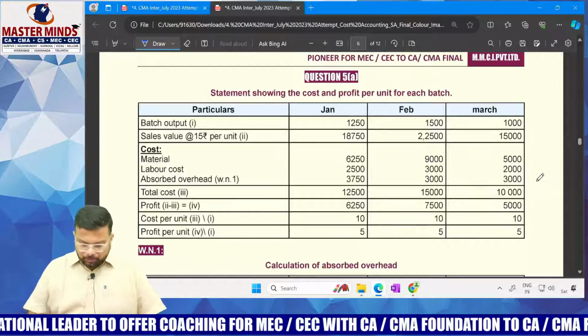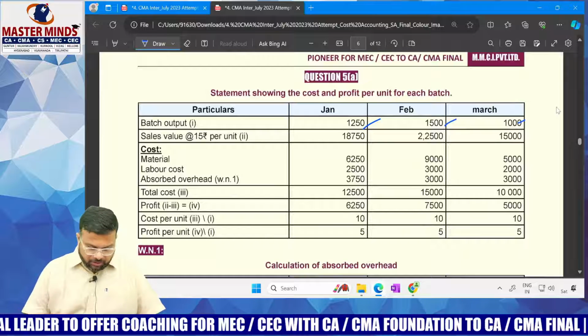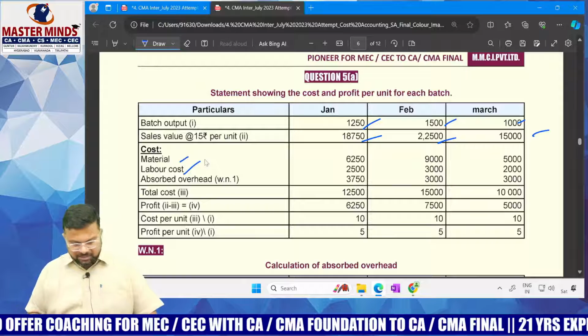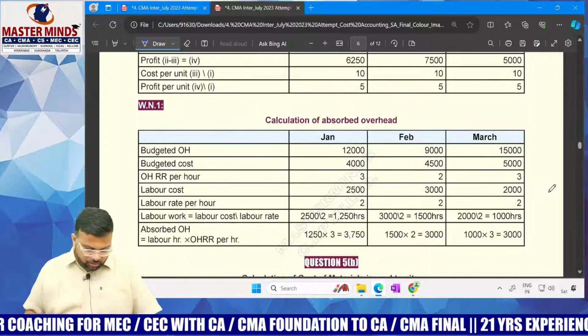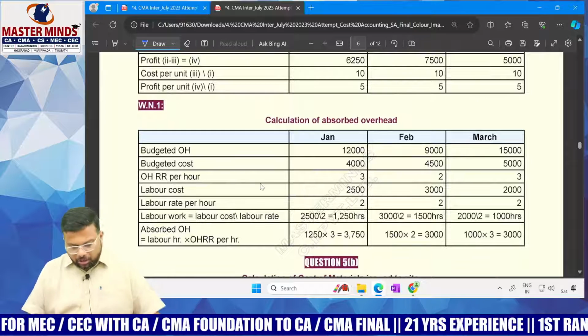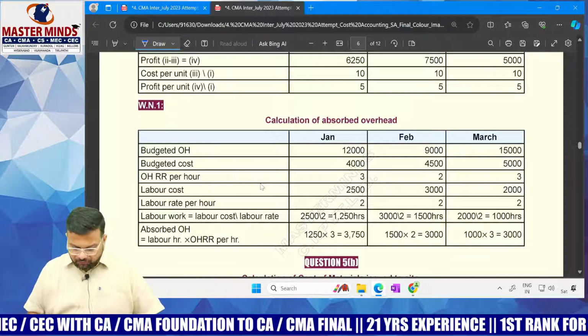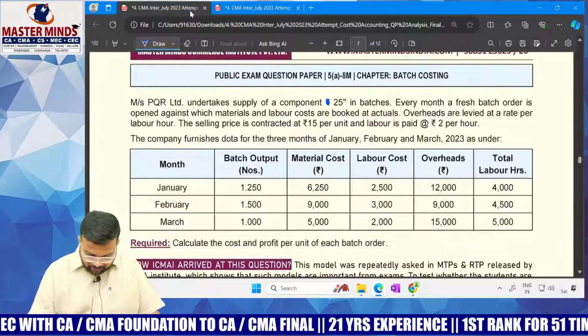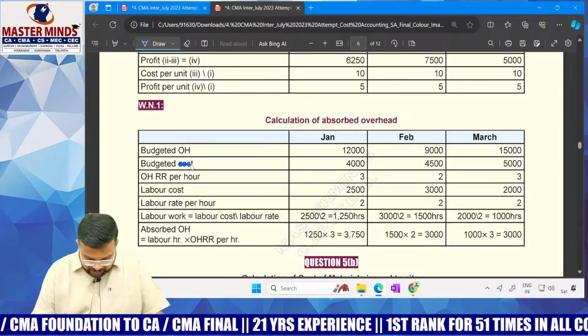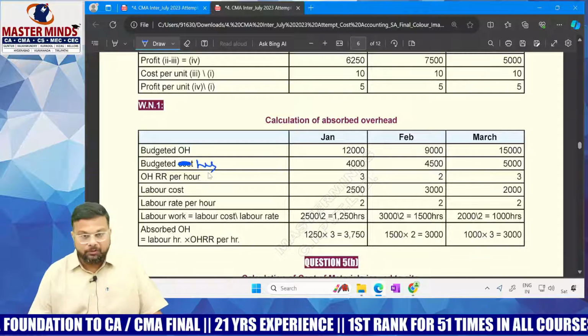So batch output is given in the question. Sales value we have calculated. Cost up to material and labor is given. Overheads we need to calculate. How, sir? See, budget overhead is given in the question. Budget cost is also given in the question. Basing on that, we will calculate the budgeted overhead recovery rate. This is budgeted hours, not cost.